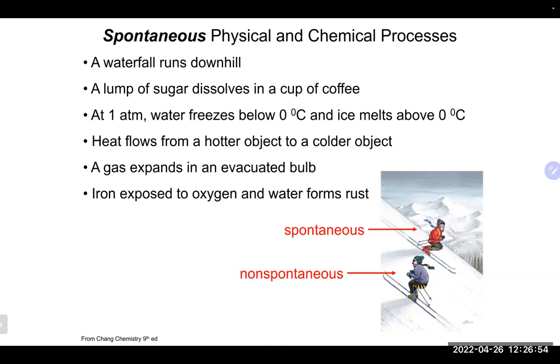It's a very common thing that people have in their head. They think spontaneous and they think, well, snap your fingers, it happens really fast. But again, that is exactly what we're not talking about here. These are all spontaneous processes. A waterfall runs downhill. Hopefully water goes down. We have sugar. You put it into a cup of coffee and it would dissolve. Water freezes at 0 degrees and 1 atmosphere, and also melts, depending on which way you're going with the energy.